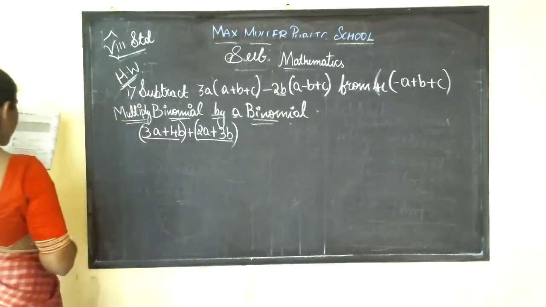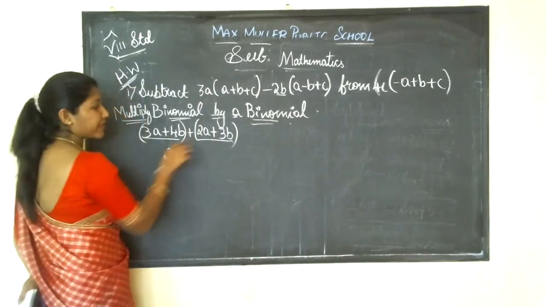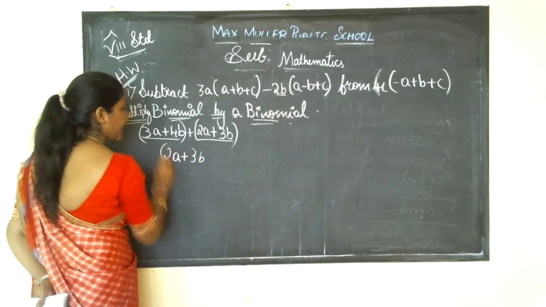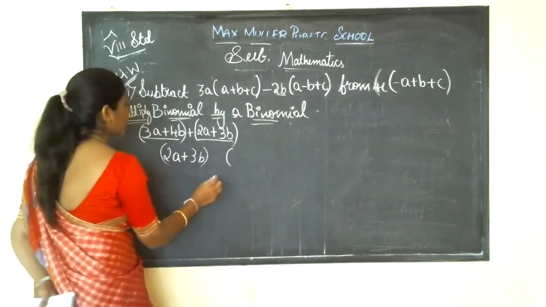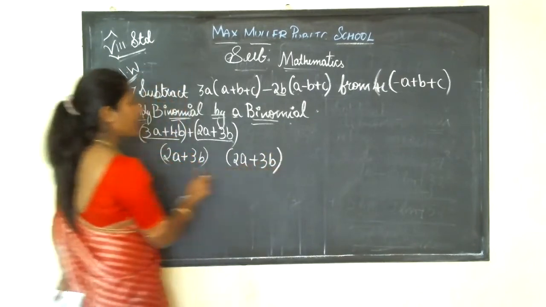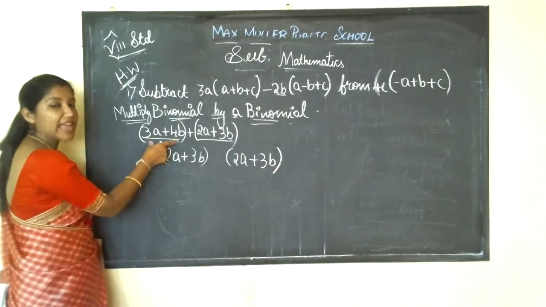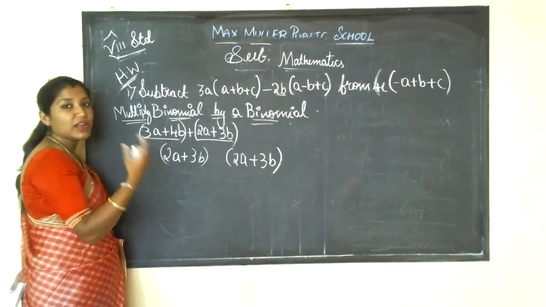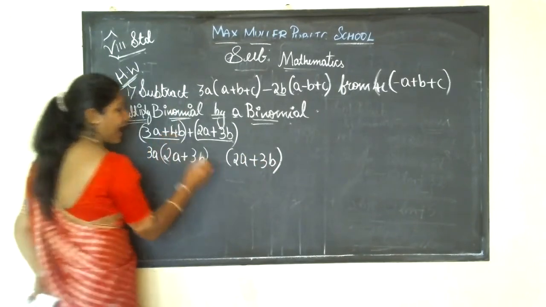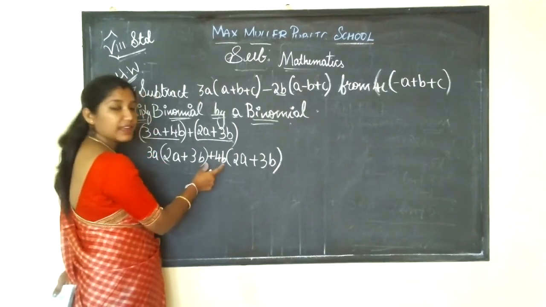What you have to do here is, see, first write down any of the expression twice. 2a plus 3b, easy method of solving I am teaching you. 2a plus 3b. Okay, you have to write these terms twice. And next, the term which you have not written twice, write here 3a, and another term, that is 4b, you have to write here.